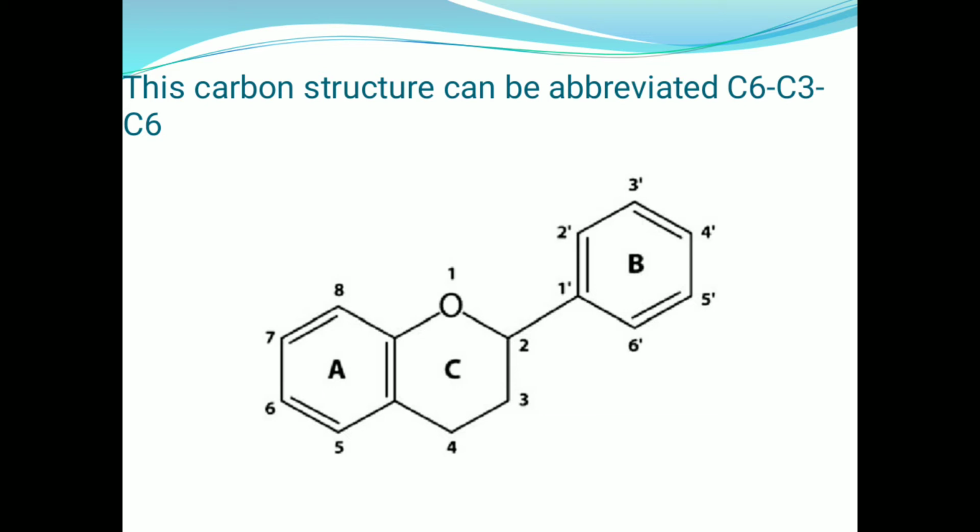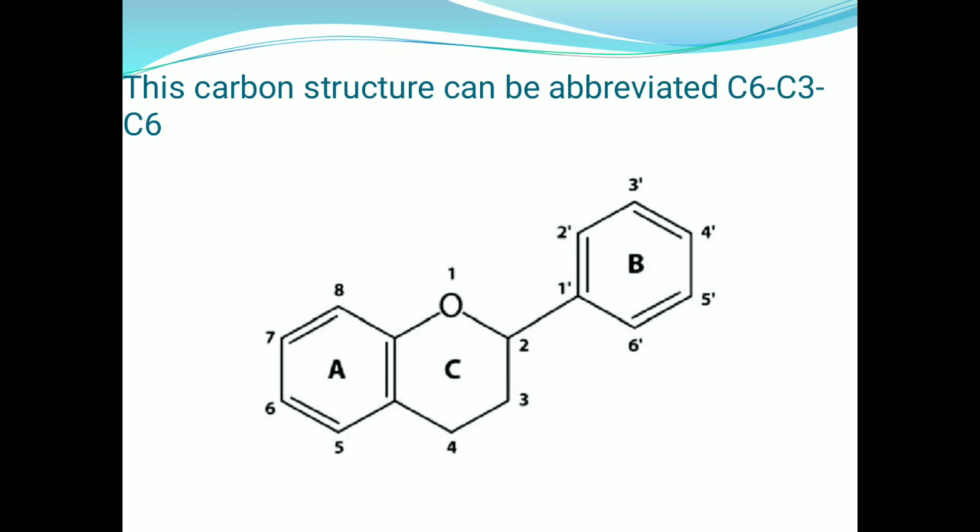This carbon skeleton can be abbreviated C6, C3, C6 because ring A has 6 carbon atoms and ring B has 6 carbon atoms, so these two rings are indicated by C6 and C6. In a similar way, ring C has only 3 carbon atoms, so ring C is indicated by C3.